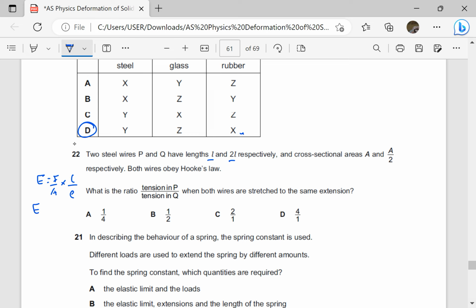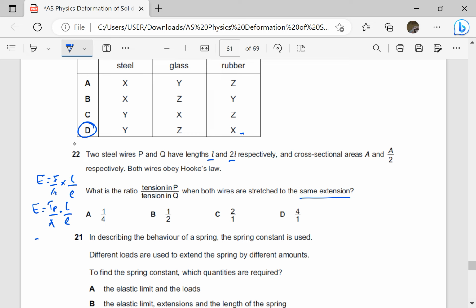So Young modulus is going to be the tension in P divided by the area, which for P is going to be A, times original length, let it be L, over extension, because they have the same extension, so I'll just say E.